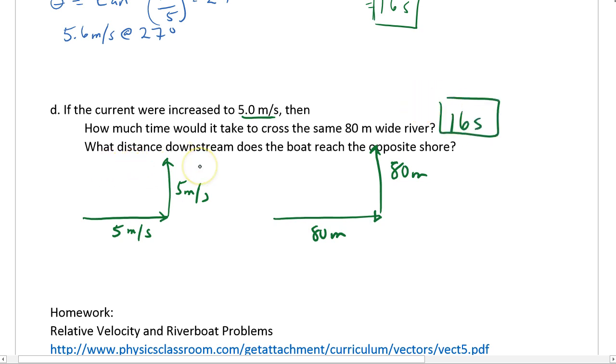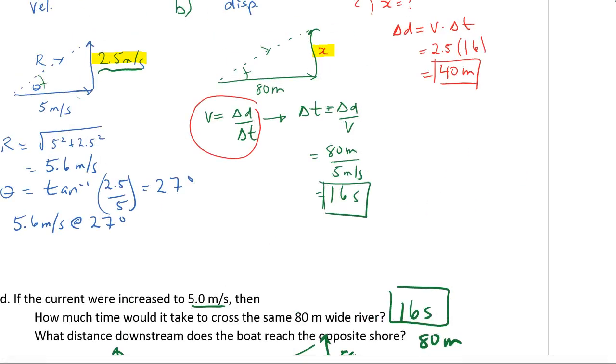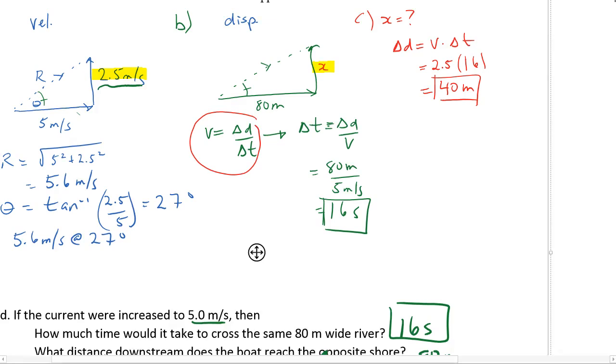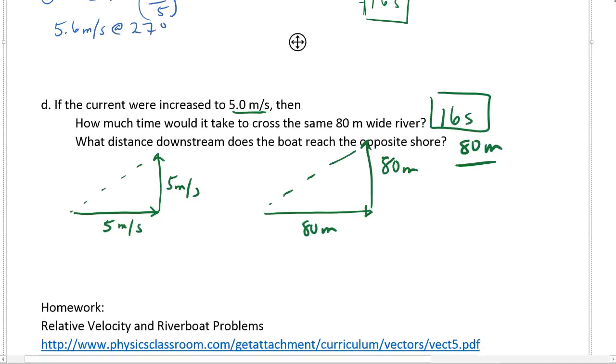What distance downstream does the boat reach the opposite shore? Well, I was just looking at this in terms of similar triangles. If this is a 5 and a 5, that has to be an 80 and an 80. So I'll say 80 meters. But if you're not convinced, you could look at the method we had before. Here we said, well, if it was going 2.5 meters per second for 16 seconds, now it'll be going 5 meters per second for 16 seconds.